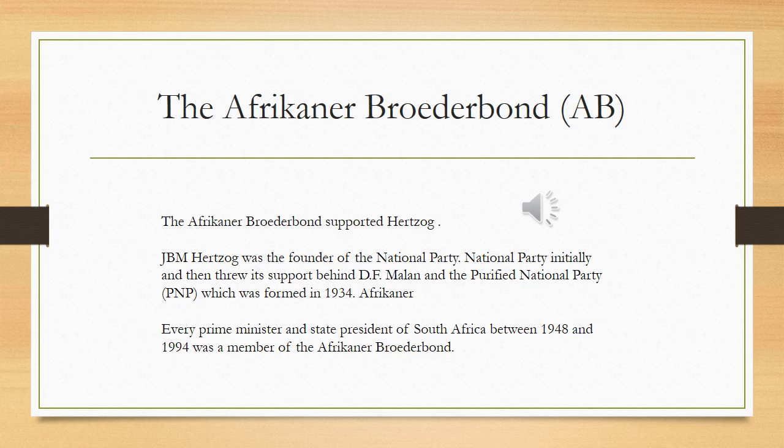The National Party initially and then threw its support behind D.F. Malan and the Purified National Party, which is the PNP, which was formed in 1934. Every prime minister and state president of South Africa between the years 1948 and 1999 was a member of the Afrikaner Bond.